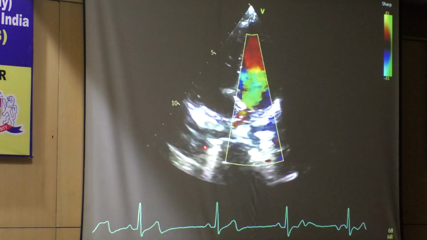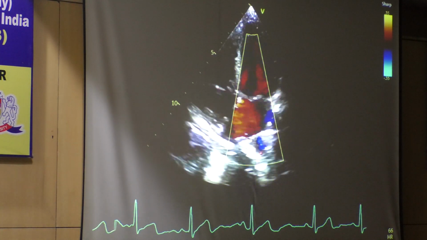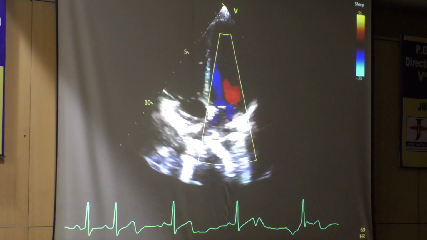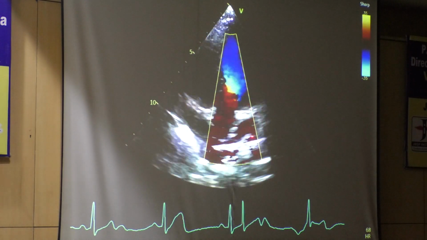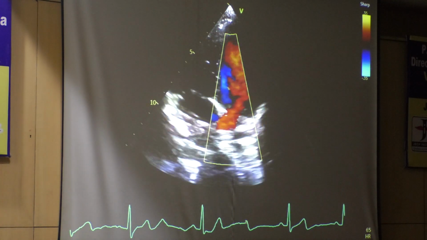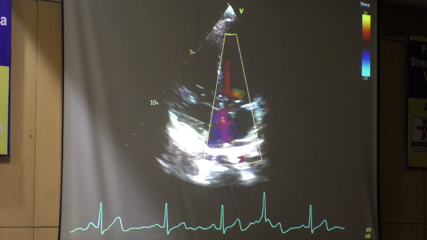Reduce the Nyquist limit to almost 30 to 40. Now you can see drainage of all the pulmonic veins, right side as well as left side. We have to identify all four pulmonic veins. That's the most important thing in pediatric echo.